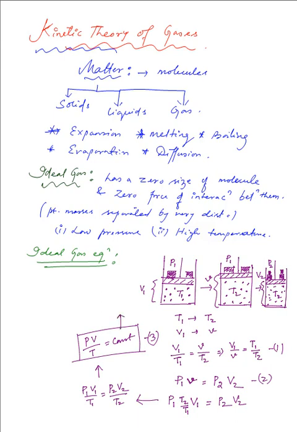So this constant is R, the universal gas constant, and that has a value for normal temperature and pressure, that is pressure maintained at 76 centimeters of mercury, and the acceleration due to gravity obviously is considered 9.8.